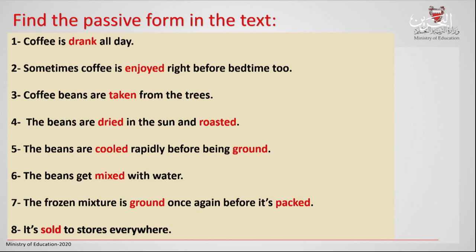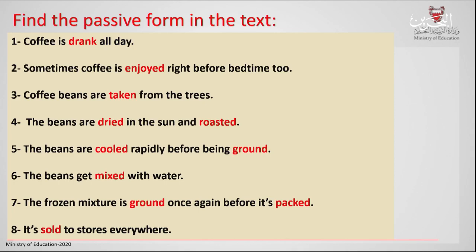Okay. 4. The beans are dried in the sun and roasted. It is similar to the previous sentences. 5. The beans are cooled rapidly before being ground. Cooled and ground, both are passive forms. 6. The beans get mixed with water. Also, get mixed is considered a passive form. 7.